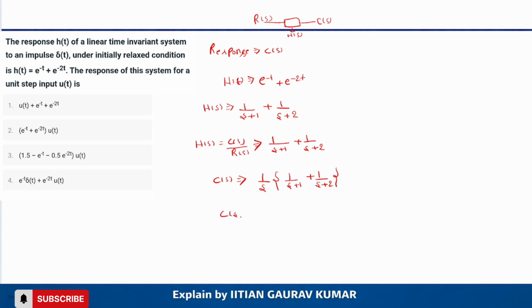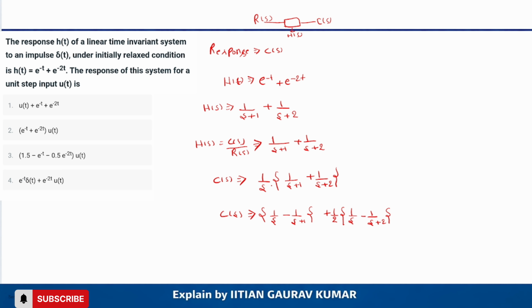So C of s value is what? We can write it like this: 1 by s minus 1 by s plus 1 plus 1 by 2, 1 by s minus 1 by s plus 2.